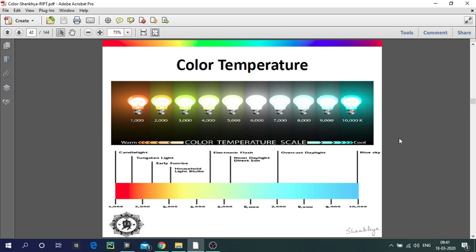But the interesting thing to note here is that the color temperature of blue light, which is 10,000 Kelvin, is known as cool color, and the color temperature of red light, which is 1000 Kelvin, is known as warm color. Why?